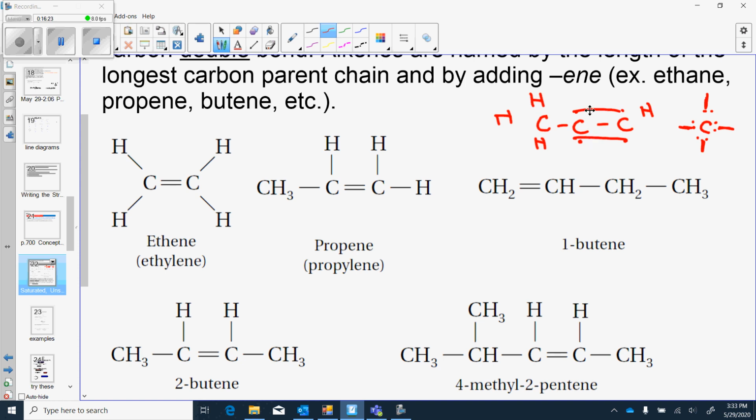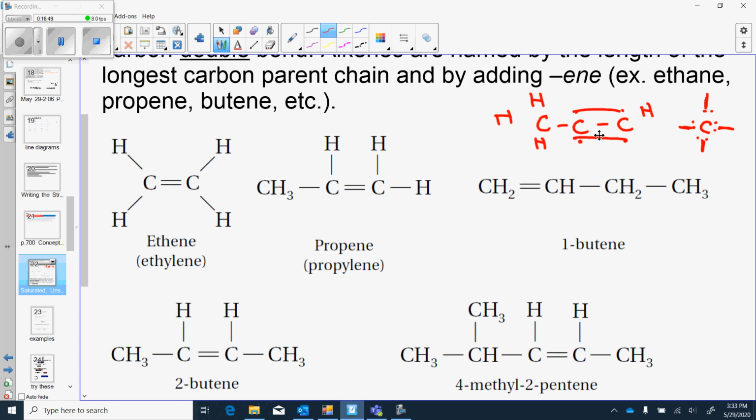So when you have at least two carbons sharing more than one pair of shared electrons, then we have an unsaturated hydrocarbon. It's not filled with hydrogens. We released some hydrogens. The carbons were able to compensate, and they're still happy because there's three bonds between them. So when you have less than the max of hydrogens, it's an unsaturated hydrocarbon.